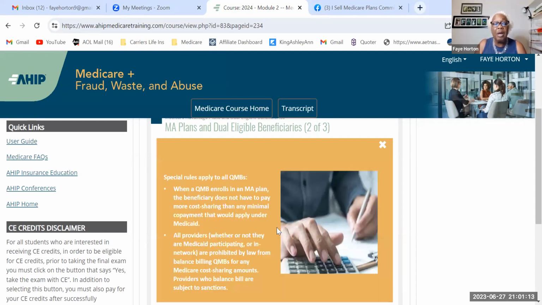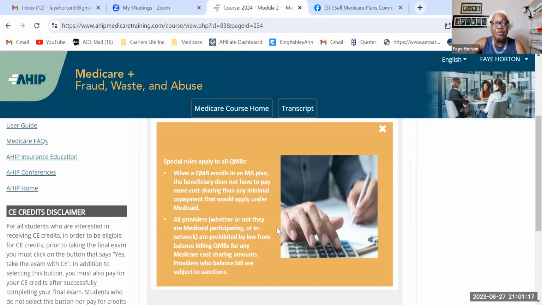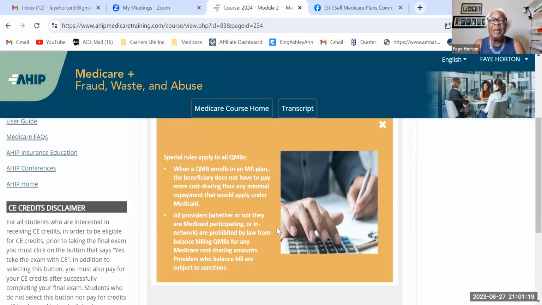And there, as always with insurance, there are some special rules. Special rules apply to all QMBs. When a QMB enrolls in an MA plan, the beneficiary does not have to pay more cost sharing than any minimal copay that would apply under Medicaid.